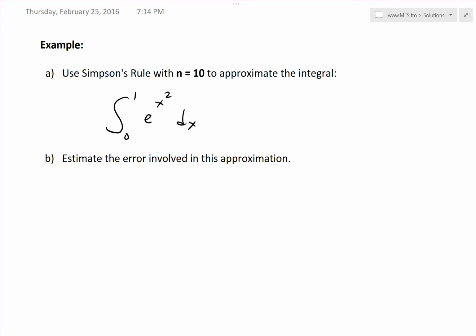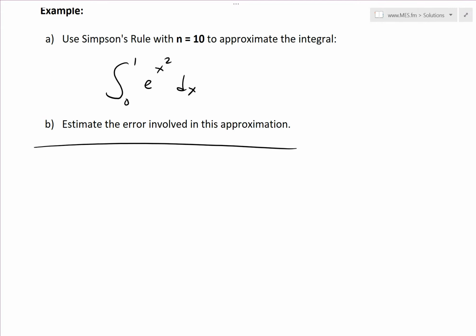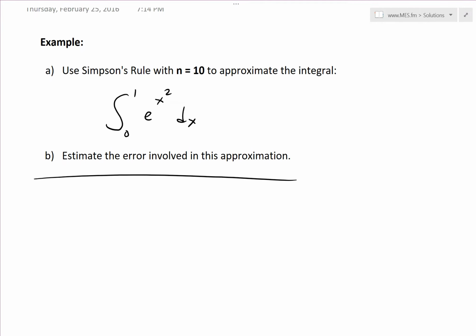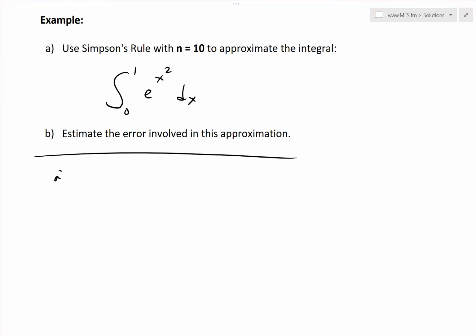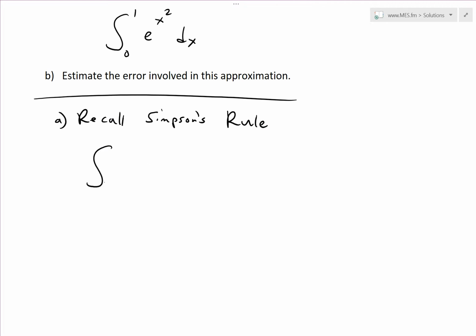So when approximating this using Simpson's rule, let's first go to part A and recall Simpson's rule, which I went over in my earlier video.